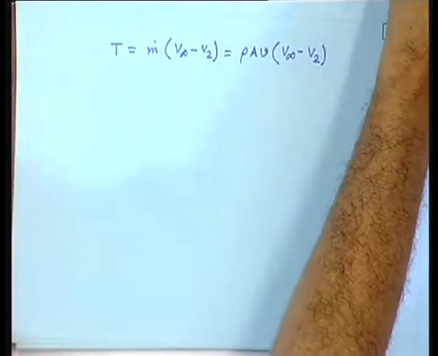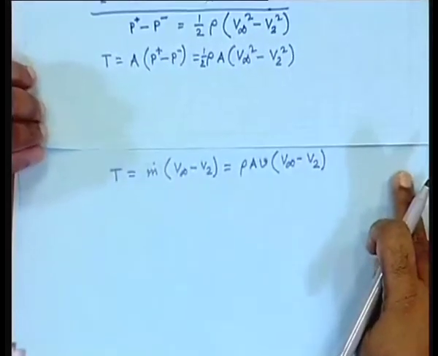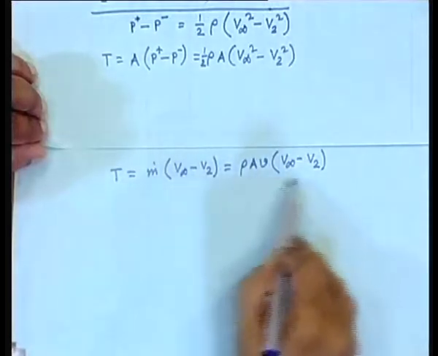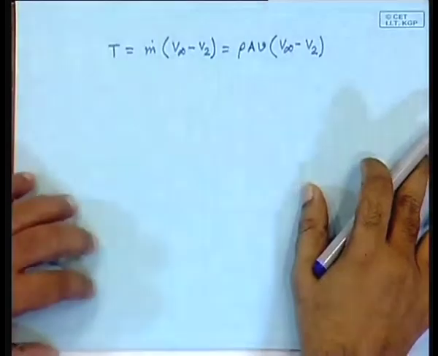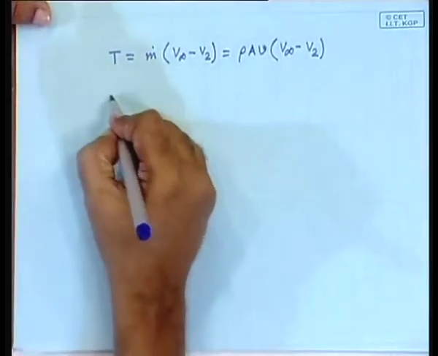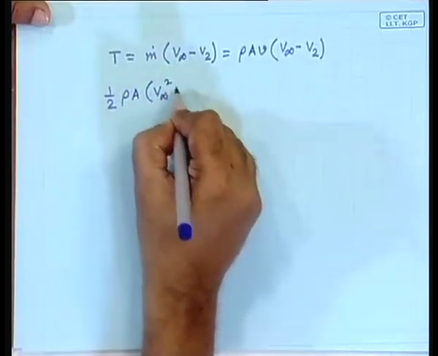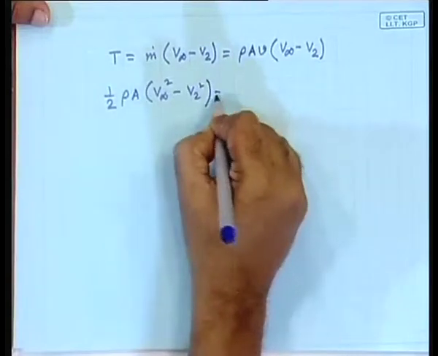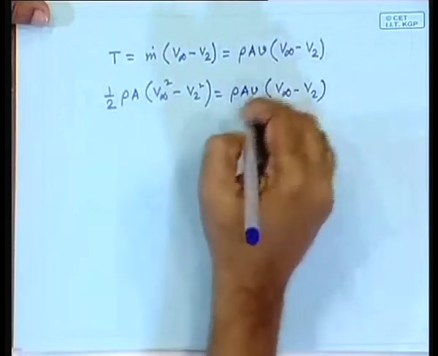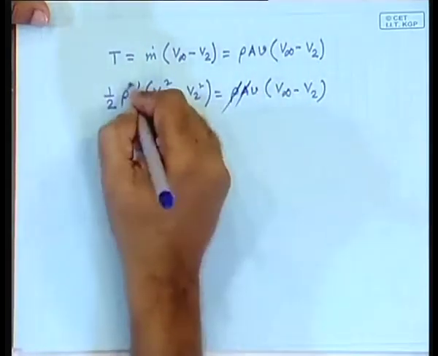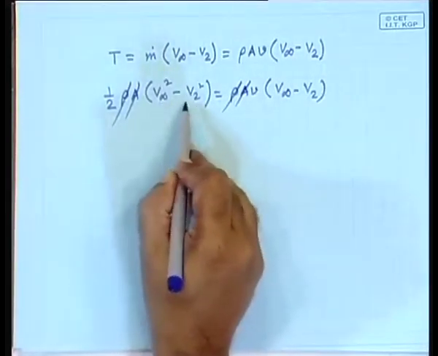Notice that we have already obtained one expression for thrust here, and we have got another expression for thrust here, and they should be equal. So, if you equate them, you immediately get half rho A times v infinity square minus v2 square is equal to rho A v times v infinity minus v2. Rho A cancels off, and v infinity minus v2 cancels off. The left side can be broken into v infinity plus v2 and v infinity minus v2.